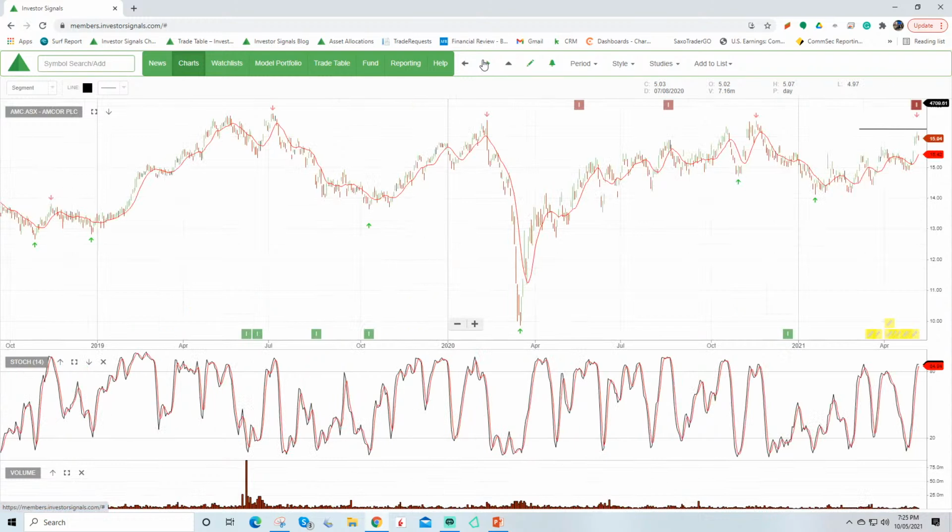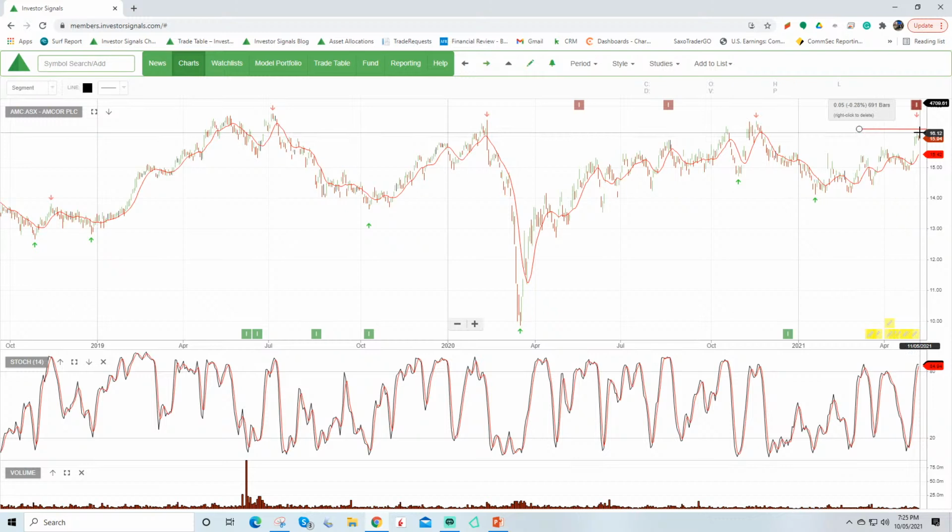Amcor, for the most part, we've continued to hold Amcor, given the earnings upgrade. The company's guided towards 11 to 14% earnings growth, which is above where the market was expecting. That's helped to drive the price from around $13.30 up to this $16 level.